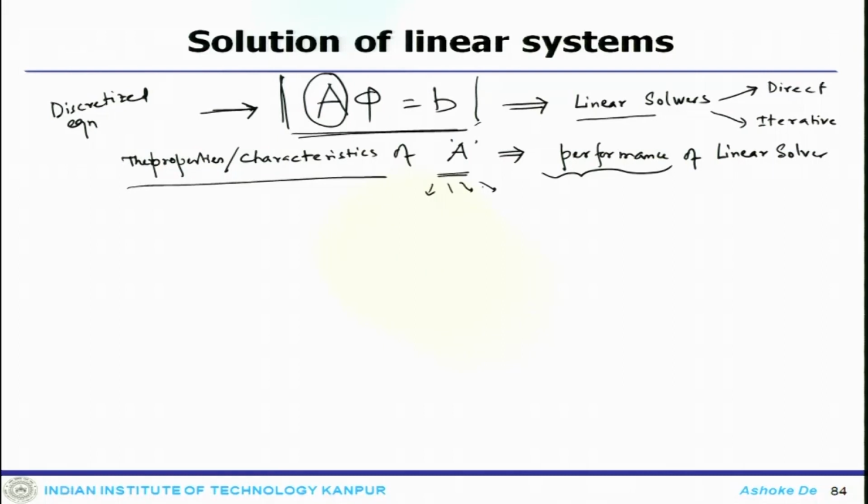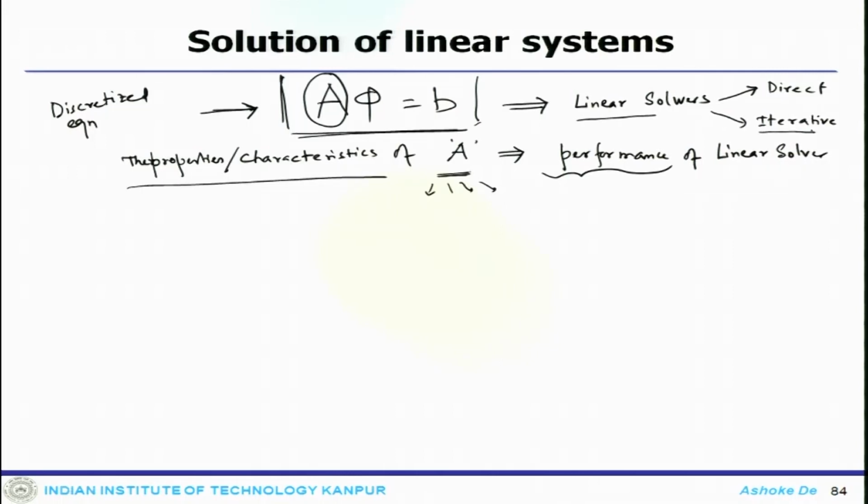The things which will always play a pivotal role are the properties of A, like whether it is sparse or banded, and then the eigenvalues, spectral radius, and condition number. These are a few things which will always come up, especially when we talk about iterative solvers.